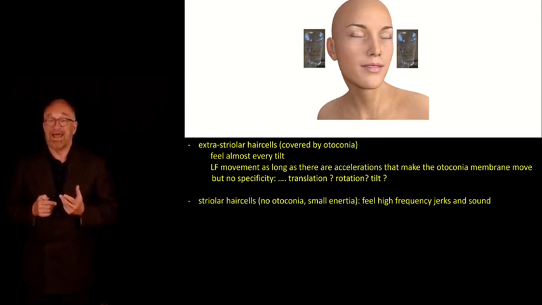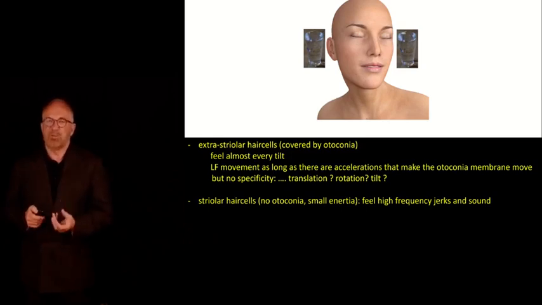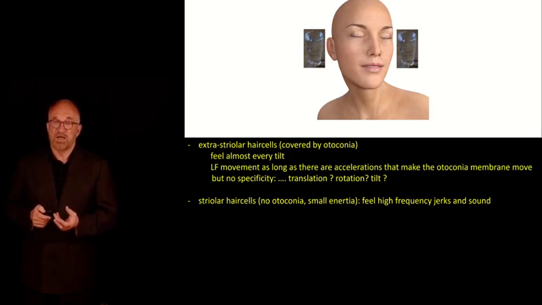You need activity. And the striolar hair cells in the middle maybe play a role in the jerks and very fast warnings that you're moving, and in the past they were used for hearing, because the old otolith parts, the utriculus and sacculus, in the macula were in the past hearing organs.